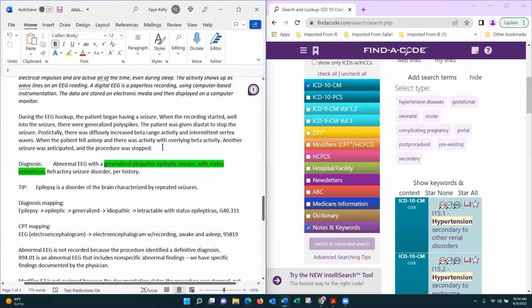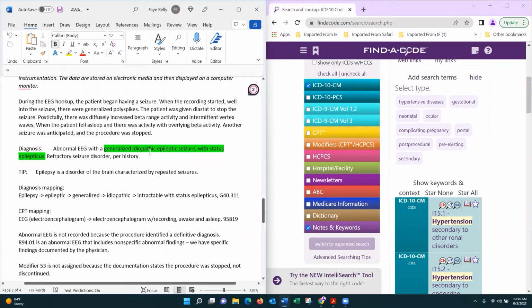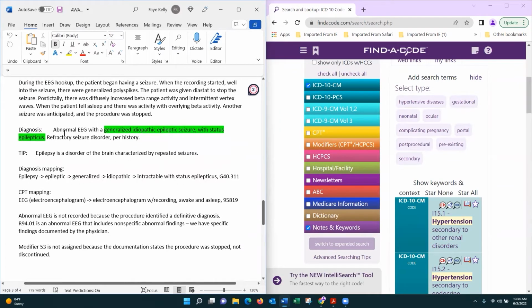So we cannot assume that the procedure was stopped prematurely, because these procedures may not last but 15 minutes. They're not long. Most of the time, they're short. They can go up to probably 40, 45 minutes, but we cannot assume here that the procedure was discontinued.